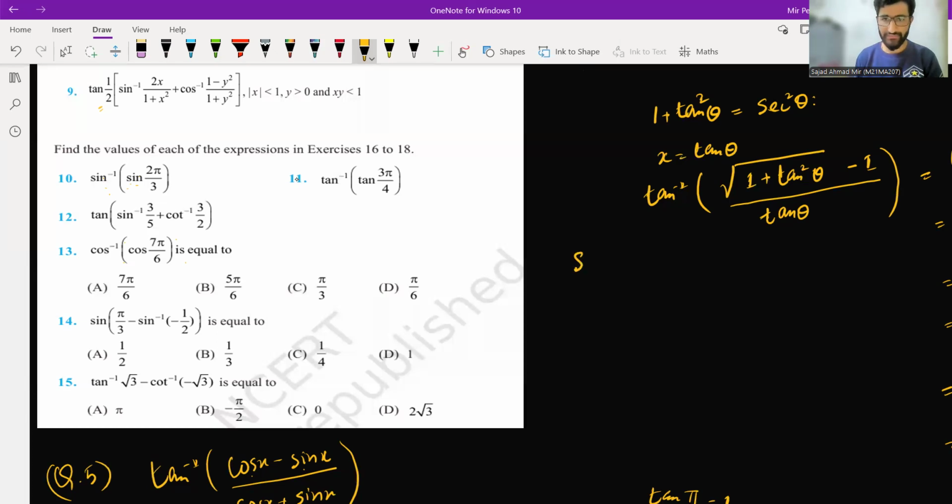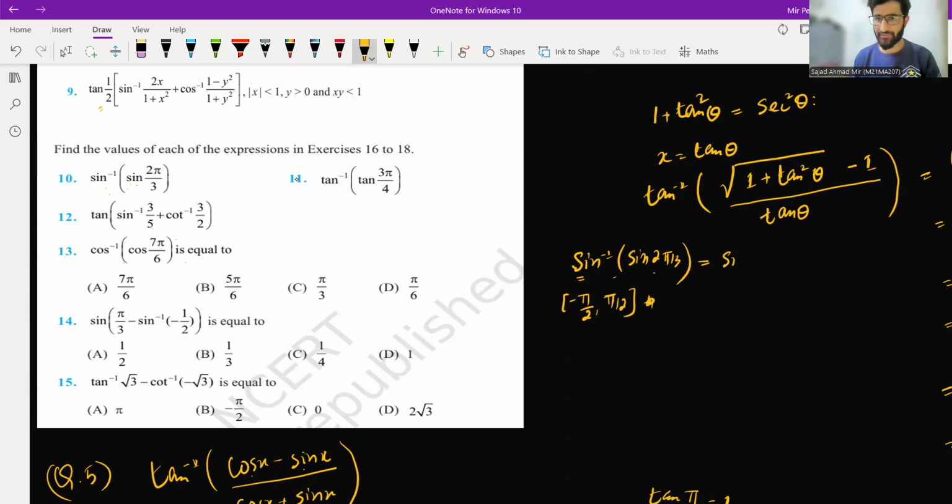Let's consider sine inverse of sine of 2 pi by 3. We know the range for which sine inverse is defined: its range is from minus pi by 2 to pi by 2. The principal branch is for this part. But this 2 pi by 3 is not here.